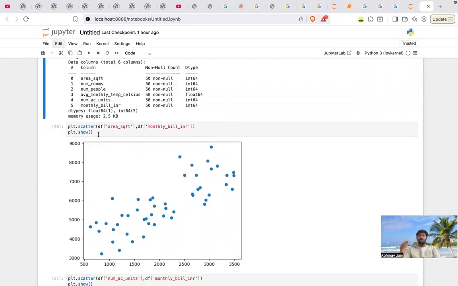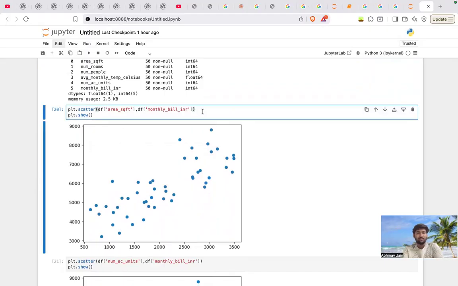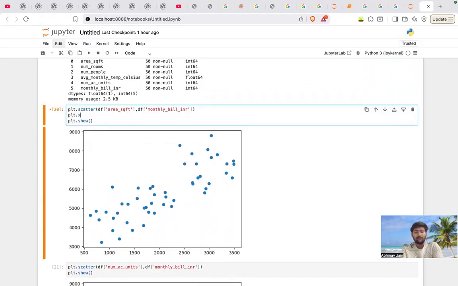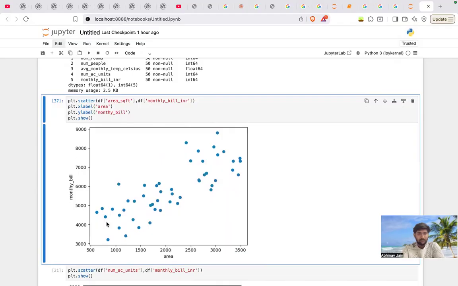So the area in square feet, you can give all those label names like plt.xlabel as area, and plt.ylabel as monthly bill. When you run it, you see this area and monthly bill.